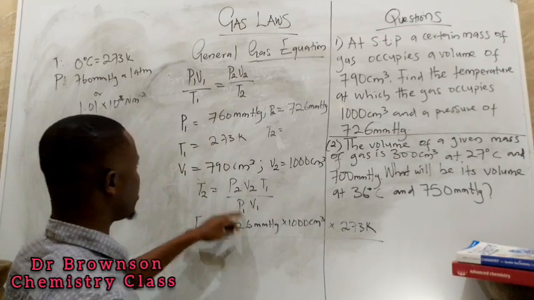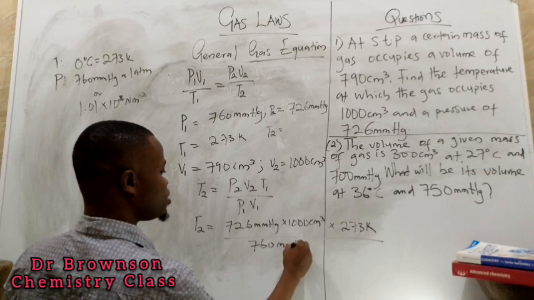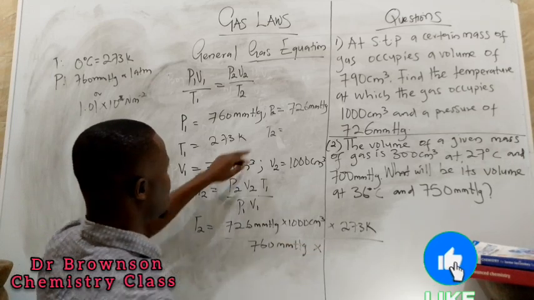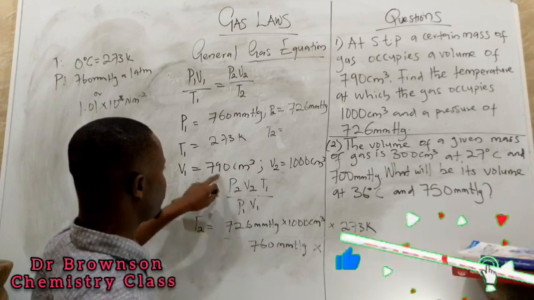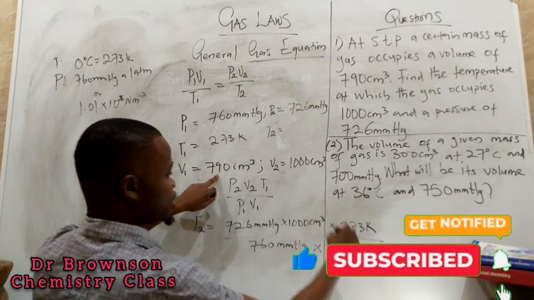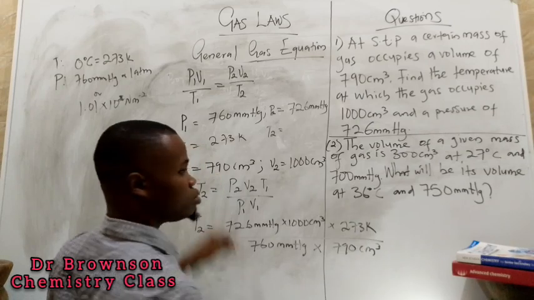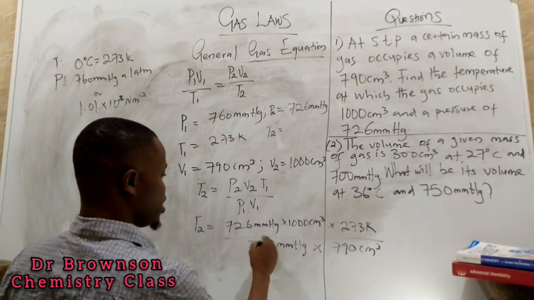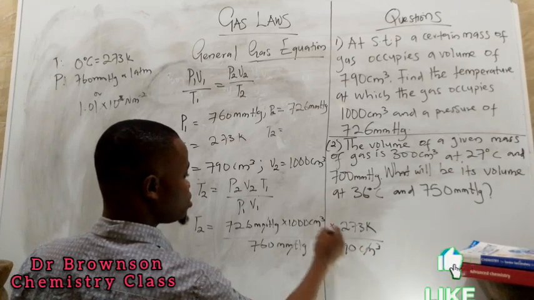our P1, which is 760 millimeter mercury, times our V1, which is 790 centimeter cube. So millimeter mercury cancels itself, centimeter cube cancels itself.